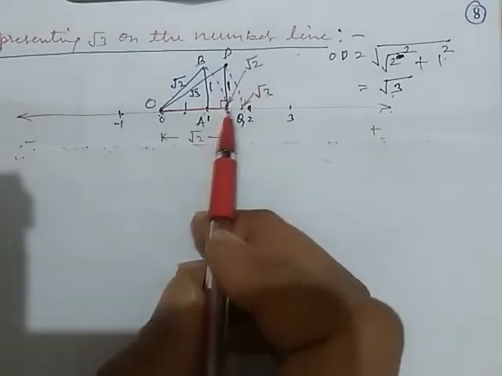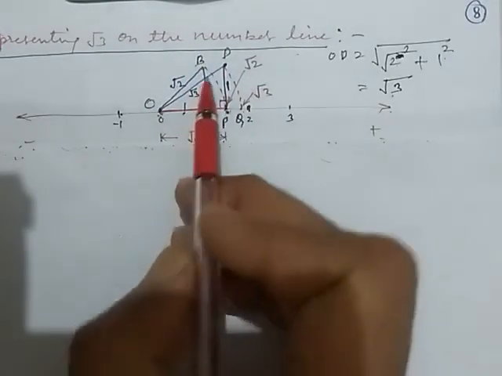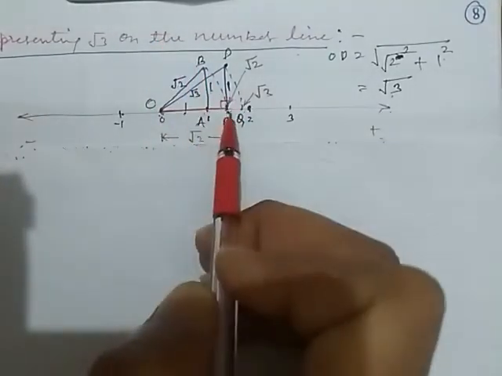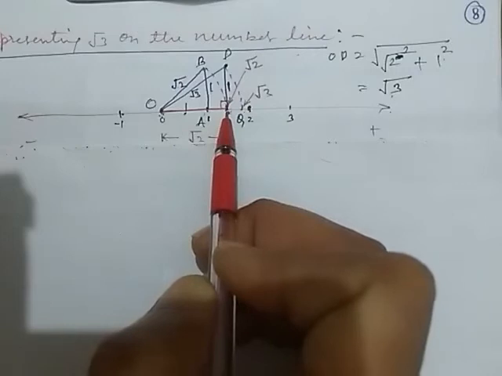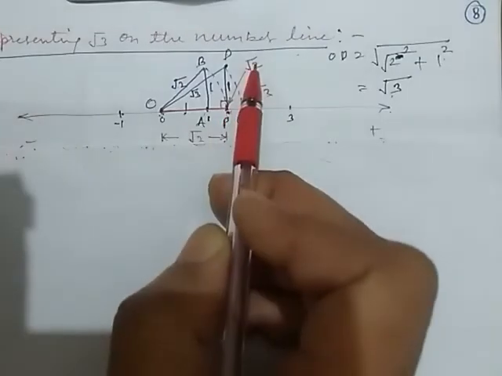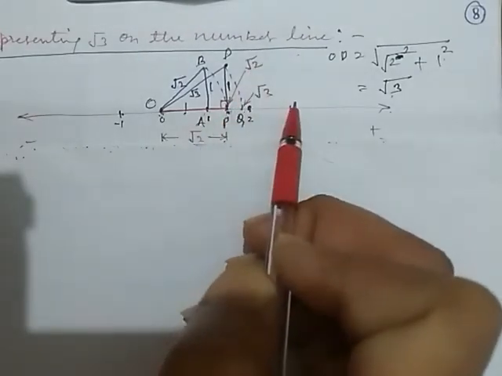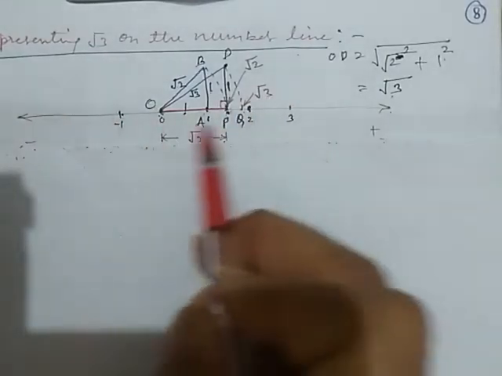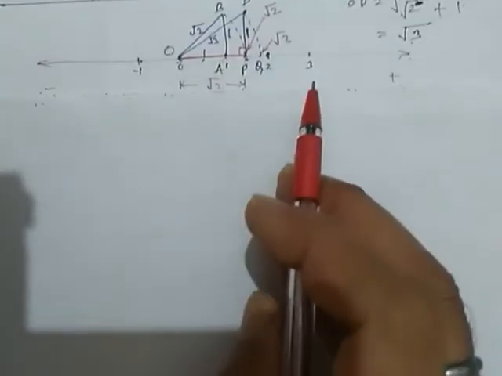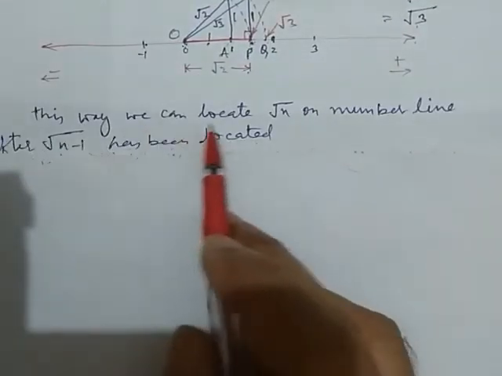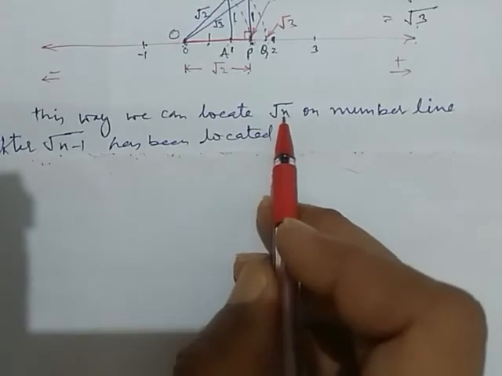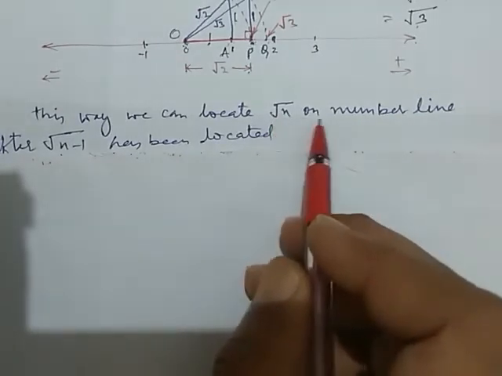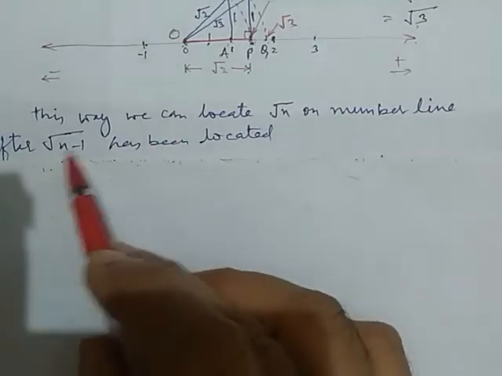So in this way, there is no need to draw this 1 unit here. We can draw this 1 unit here at point P, which is root 2. So this way we can also represent an irrational number on the number line. Okay, so now this is clear. This way we can locate root n, where n is a natural number, on the number line after root n minus 1.